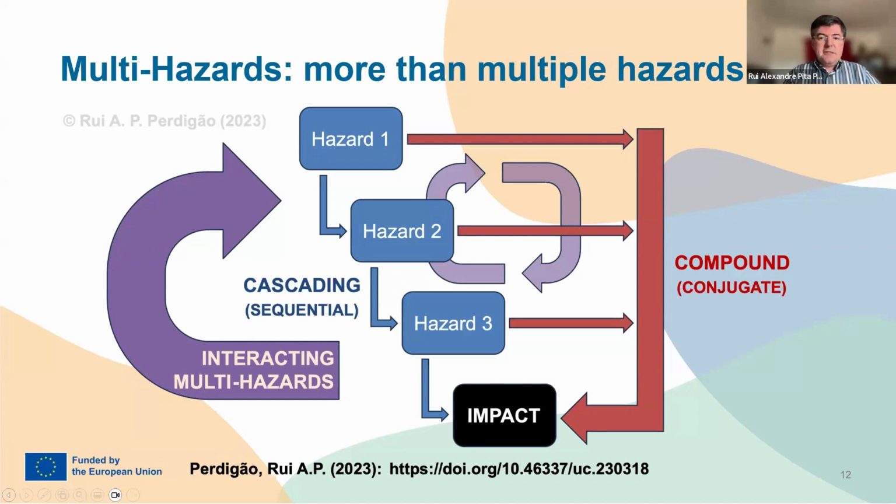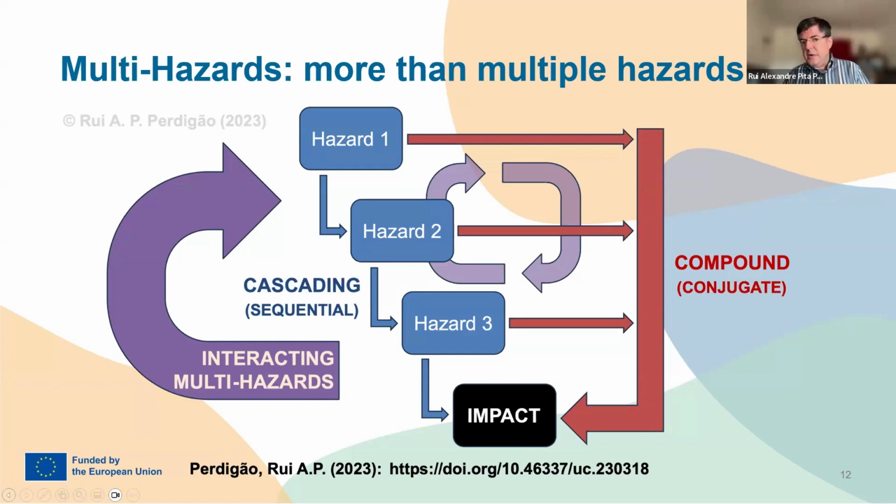So you have multiplicity: many different hazards happening. However, it's like with complex systems. What makes a system complex is not the number of variables involved, or in the case of hazards, the number of hazards involved, but how they are interacting. Even if you have just 2 or 3 elements, the way they feed back into each other, reinforcing or mitigating, depending on what happens, is what brings the complexity upwards.